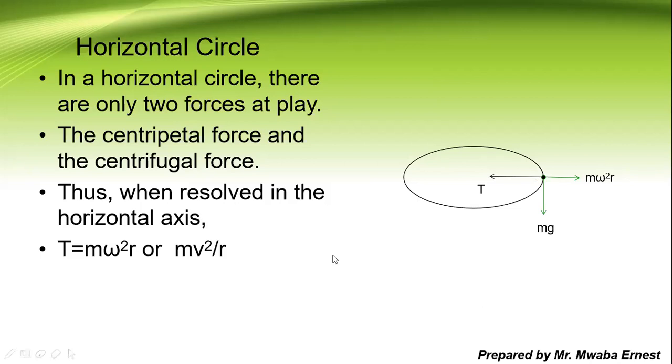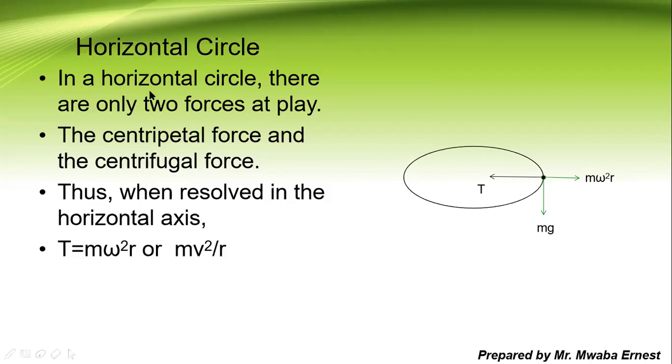But we are simply saying this is the centripetal force represented by the letter T, this is the centrifugal force, and that's your weight. But we are only interested in these 2 because they are the ones we'll be referring to as we proceed with the other calculation there. We'll come back to this later.